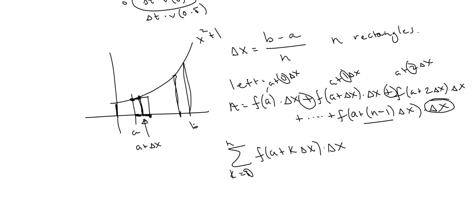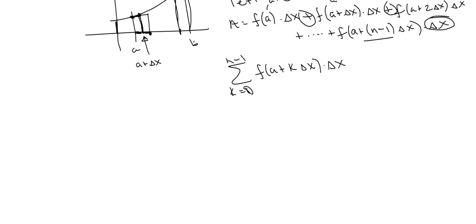This just means plug in a 0 and you have f of a times delta x. Then add, plug in a 1, you have f of a plus delta x times delta x. Plus, plug in a 2, so you just iterate up. Then we can take the limit as the number of rectangles goes to infinity, and that would give us our definite integral.